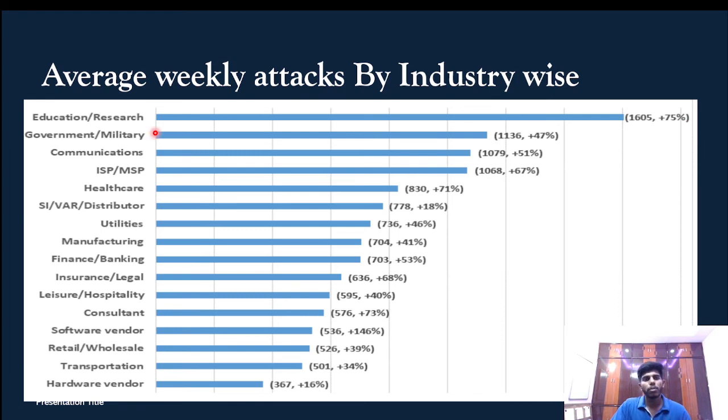The next most attacked sector is government or military, which is rapidly increasing by 47% every year and every week. And communications has a 51% increase compared to the previous analysis, then ISP or MSP, and next healthcare and distributors and so on.